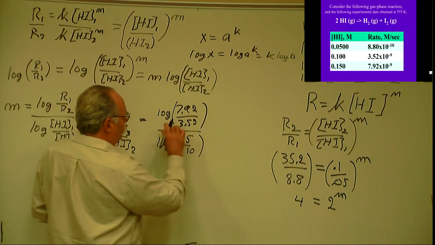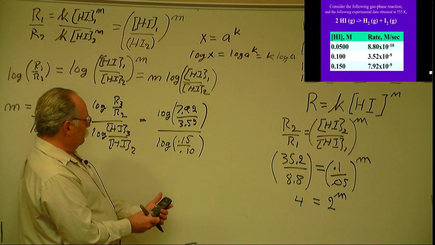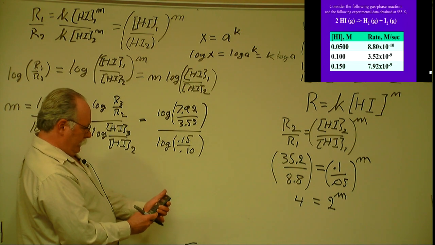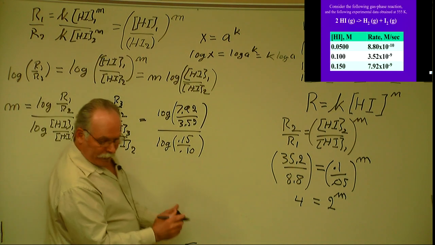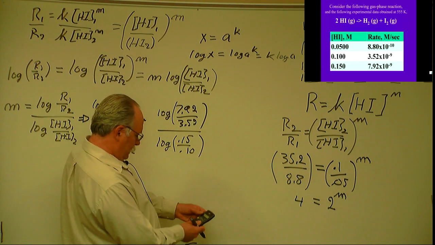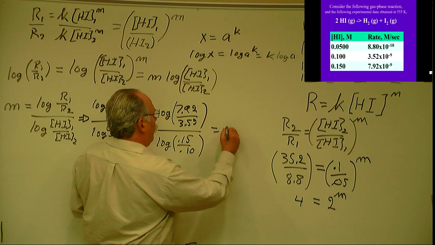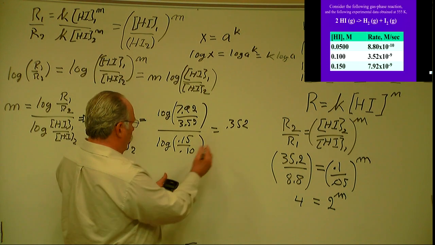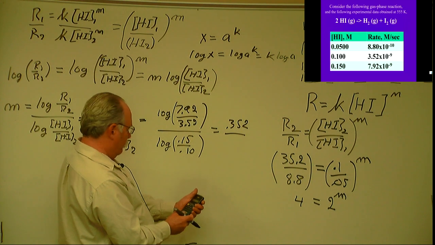So this is equal to, what is the log? So 7.92 divided by 3.52, and the log of that is equal to 0.352. And here I have the log of 0.15 divided by 0.1, so that's equal to 1.5.